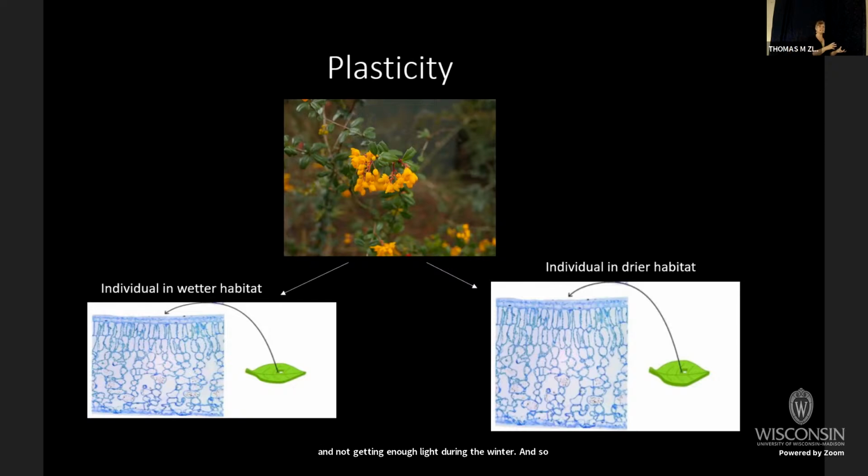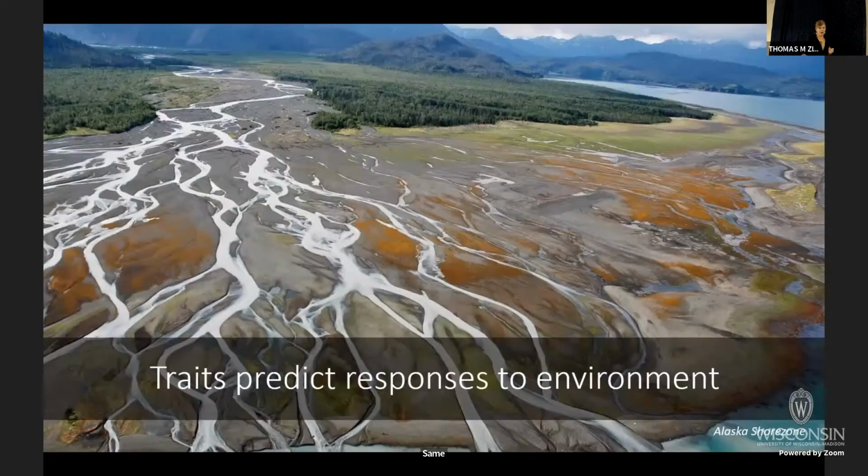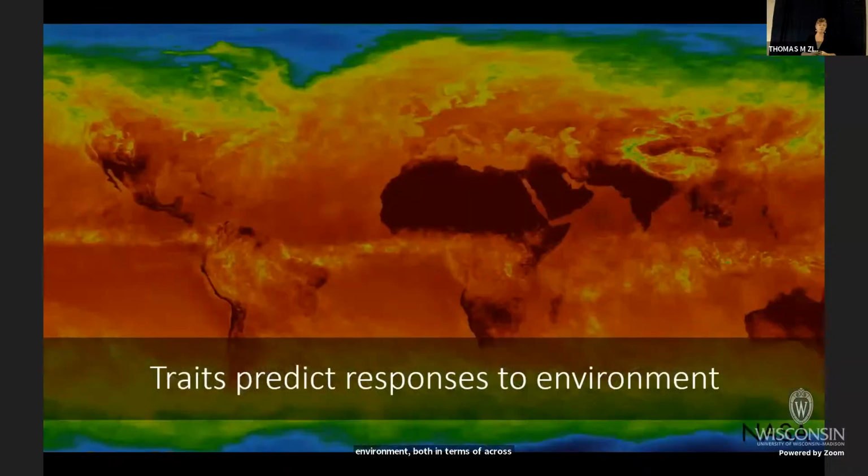That's an example of plasticity: the same plant responding to different environmental conditions will have different trait values. And these traits can be used to predict responses to the environment, both across geography where species are found, but also how they might respond to future conditions, including conditions of climate change.